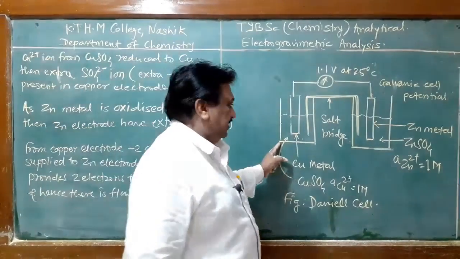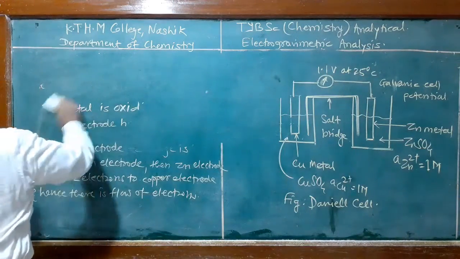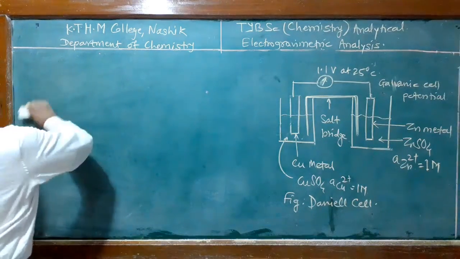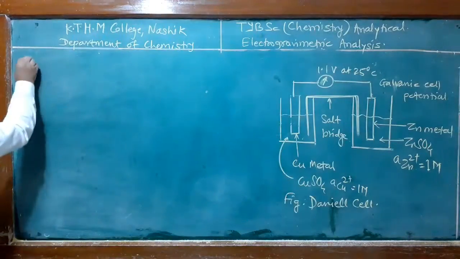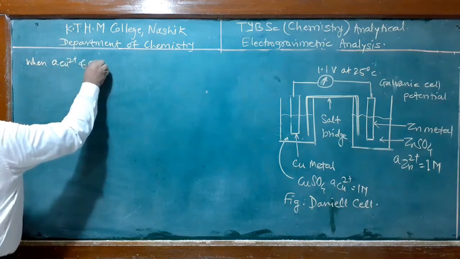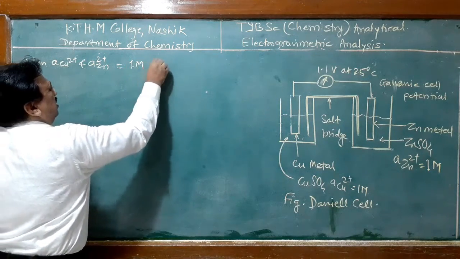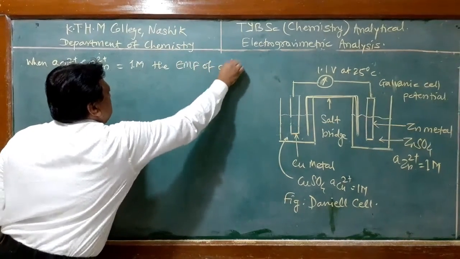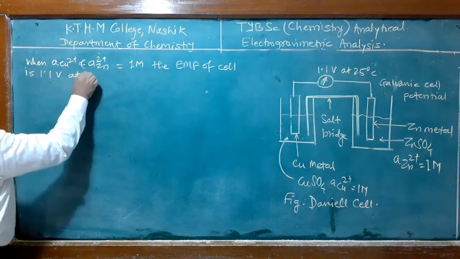Student, when the activity of copper ion and the activity of zinc ion is equal to unity, or 1 molar, then the EMF of the cell is 1.1 volt at 25 degrees centigrade.